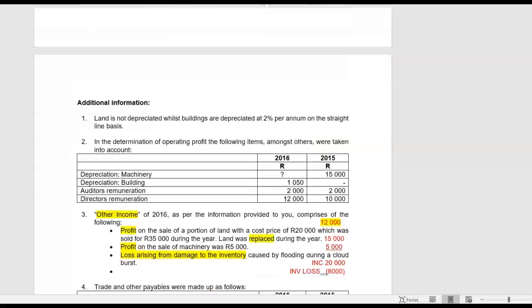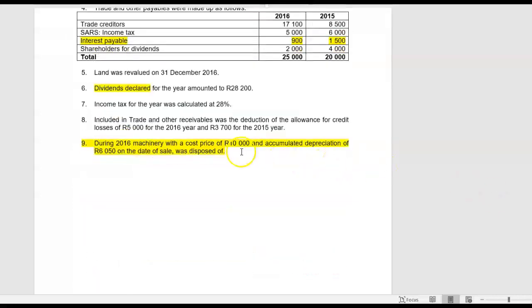But they tell us included in trade and other receivables was the deduction of the allowance for credit losses of 5,000 rand for the 2016 year and 3,700 rand for the 2015 year.